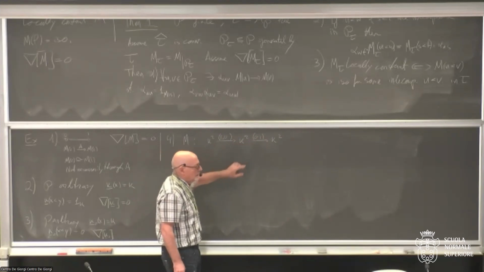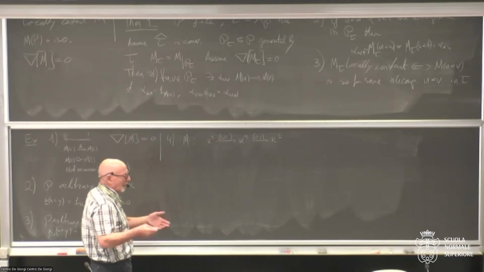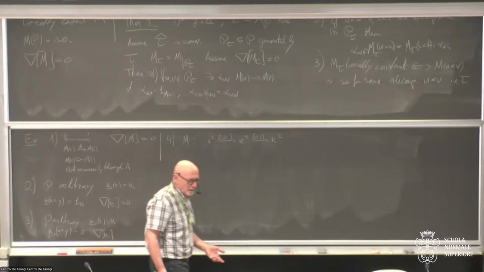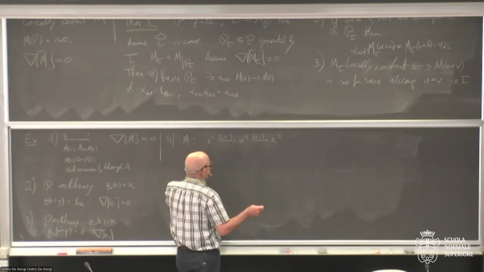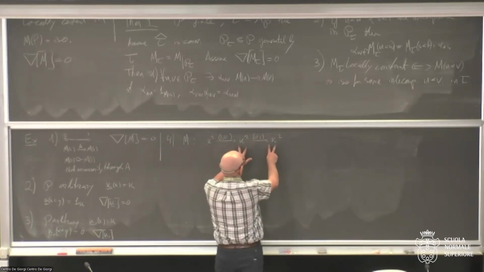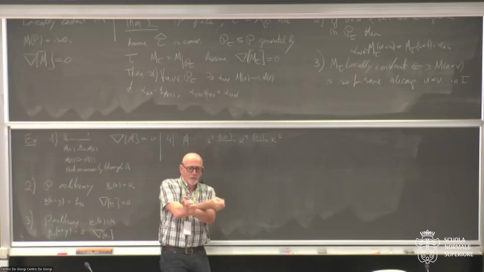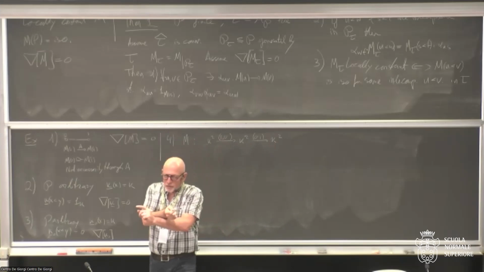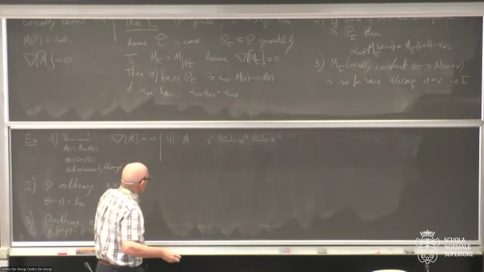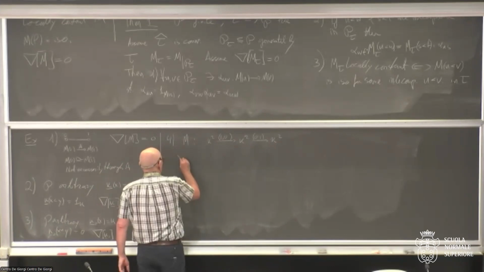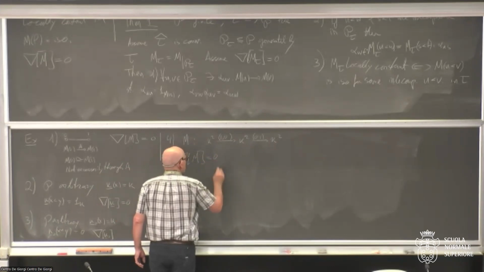You can actually compute the gradient directly. What you get is basically that the phi is going to look exactly like this, and the beta is going to look exactly like that. And of course, by switching the two coordinates, they're isomorphic. So the difference is 0. So I know that the nabla of M is equal to 0.